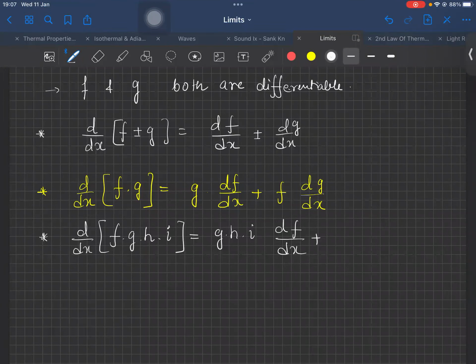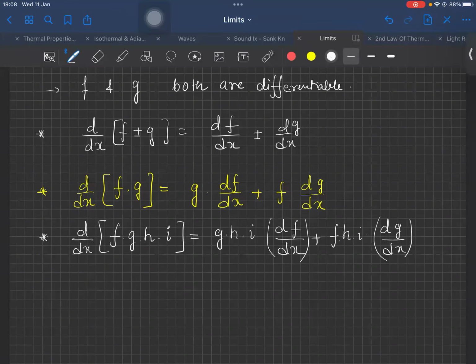We have a proof, the binomial proof, which I'm not going to cover here. Right now the proof is not important. Let's cover the syllabus. So g, h, I, and see, you have differentiated f once, right? Now you will differentiate g. So write f, h, I as it is, and differentiate g.